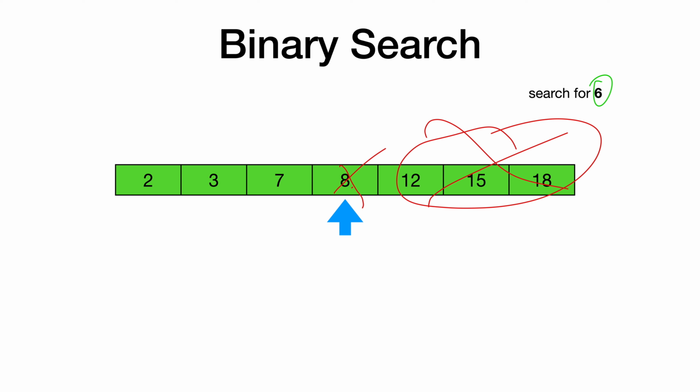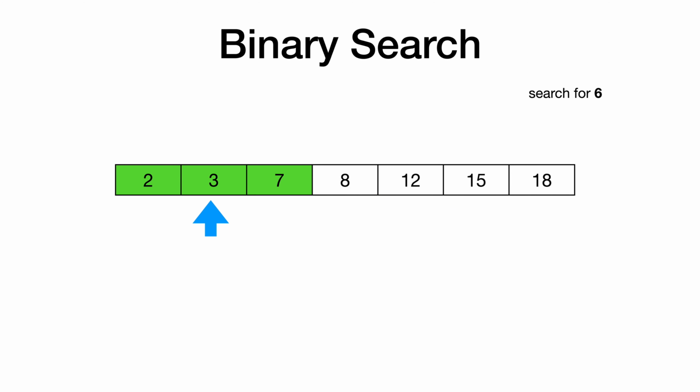So we're going to search just this range here, and it looks at 3, and it says, well, 3 is not equal to 6, and it's smaller than 6, so that means 6 can't be over there. So then it reduces the range again, looks at 7. Well, 7 is not equal to 6, and it's bigger, so the range is now that. But that range is empty. There's nothing in it, which means 6 is not in our array.